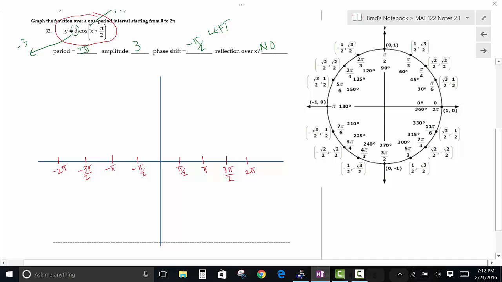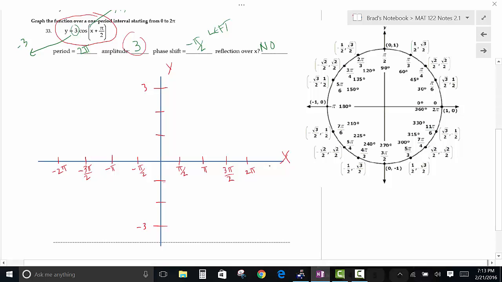Now, since you have an amplitude of 3, and you don't have an up-down transformation, a logical way to scale this y-axis is to go up to 3 and down to negative 3. So you want to be sure that you have your x and your y-axis scaled correctly, okay?